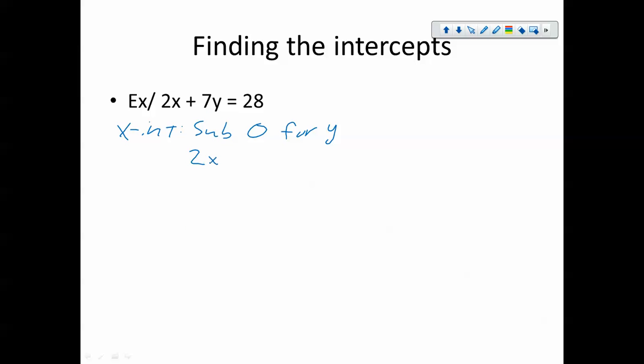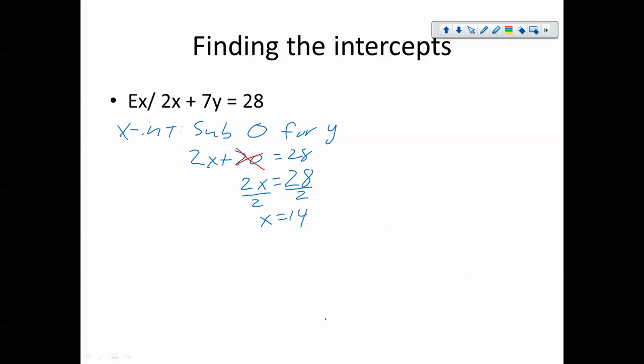That's going to be 2x plus 7 times 0 equals 28. That just becomes 0, so it goes away. And so this is 2x equals 28, and then we finish solving this equation to get x equals 14.